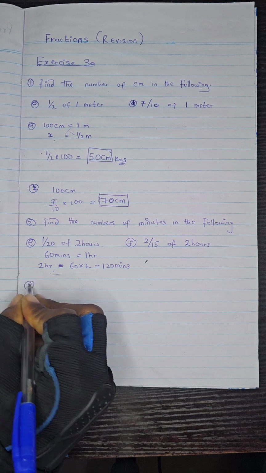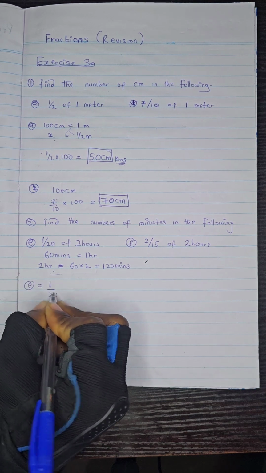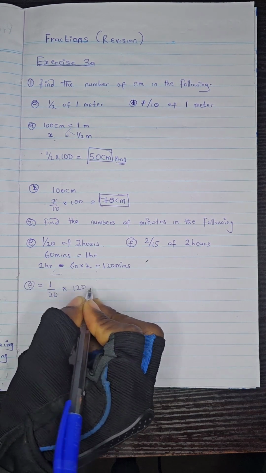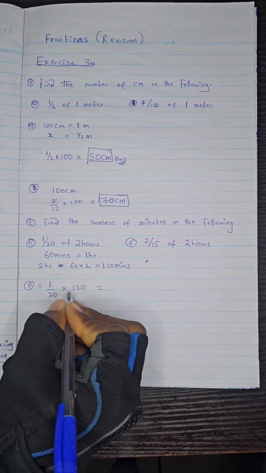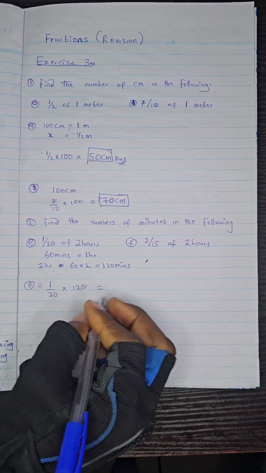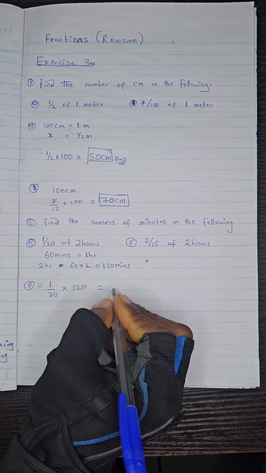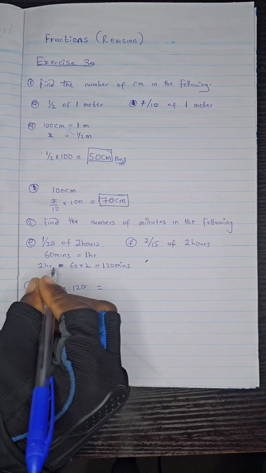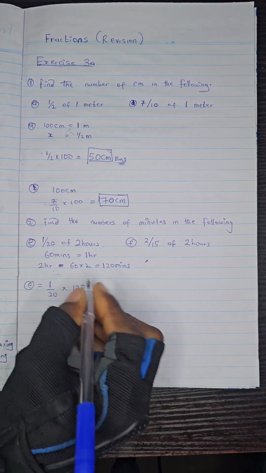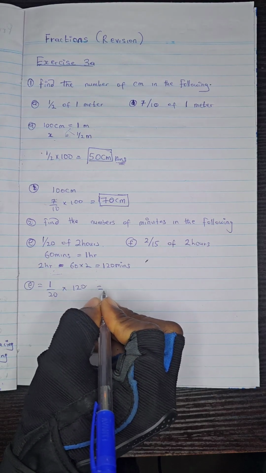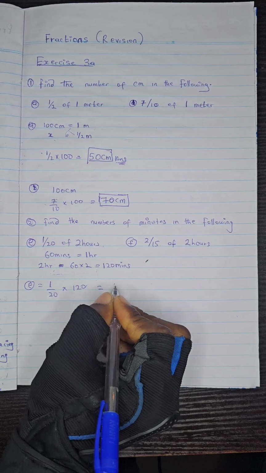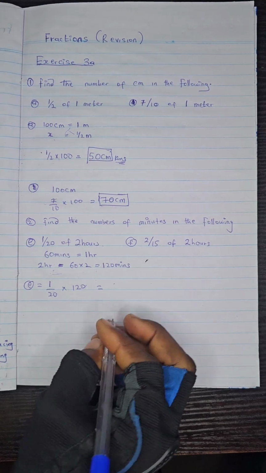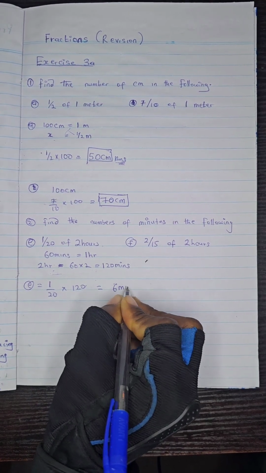So we now solve. For E, we have 1 over 20 times 120 minutes. Cancel the zeros. So the 1 over 20 fraction of 2 hours will be 6 minutes.